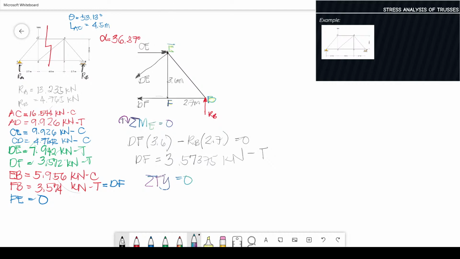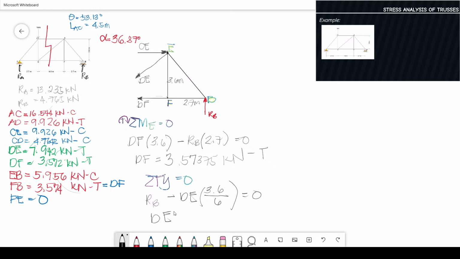So we have RB positive. That is RB. Then the only vertical force we have is DE sine alpha. But I will be using the hypotenuse. So this is upward minus DE, equals 0.